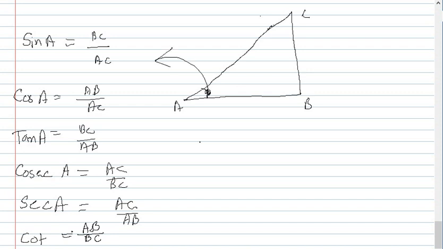Okay, so if we look from this angle, then drawing a small triangle here to explain again, see the difference. If we are considering this angle, this is perpendicular, this is base.